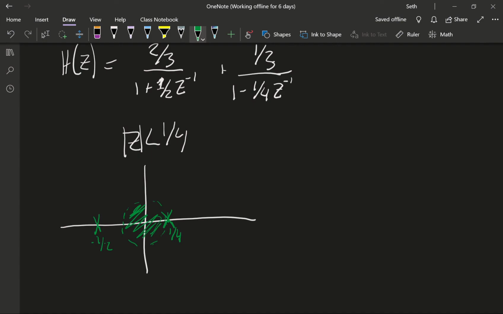The other question was if it's stable, but it's not stable because the unit circle, which is always included in the region of convergence for a stable system, is all the way out here. Well, that's more like the unit ellipse, but this is supposed to be the unit circle. So it's not stable.